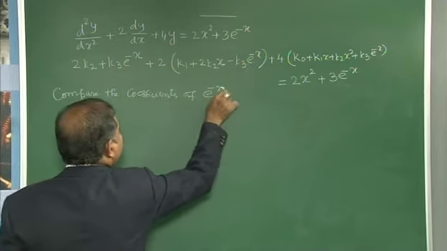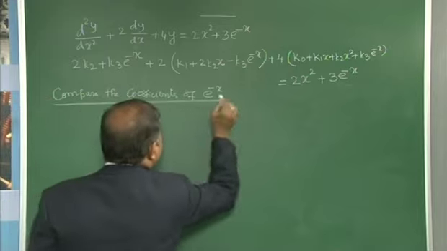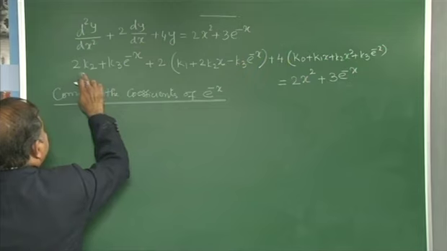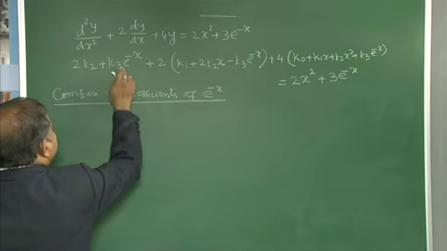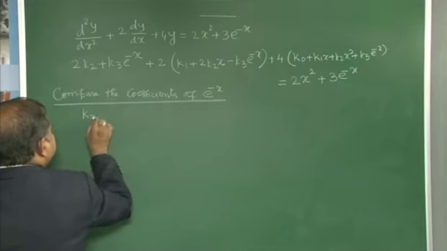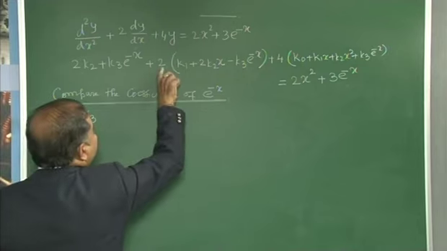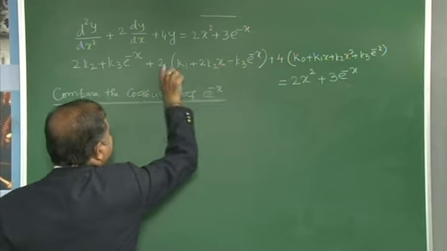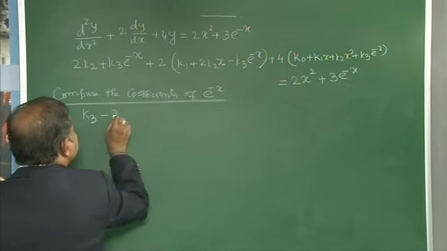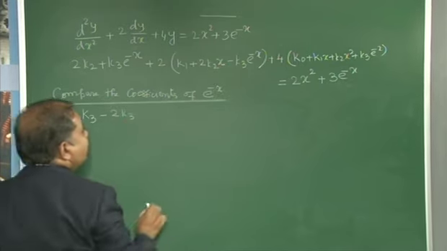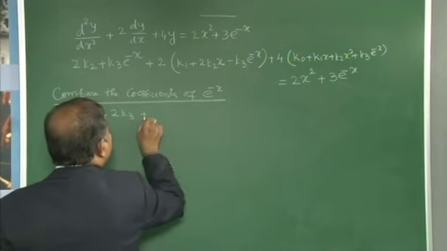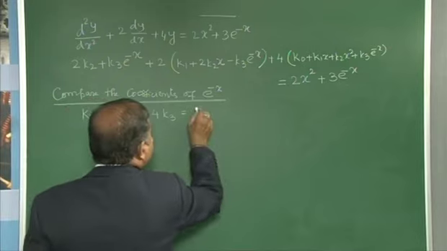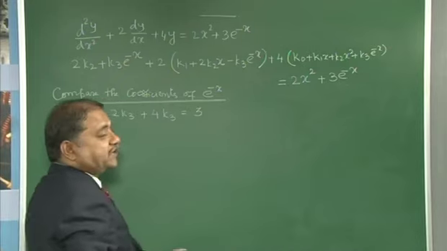First I should compare the coefficients of e power minus x. Here k3, then plus 2 into minus k3, that is minus 2k3, then plus 4k3 is equal to, on the right hand side, the coefficient 3.